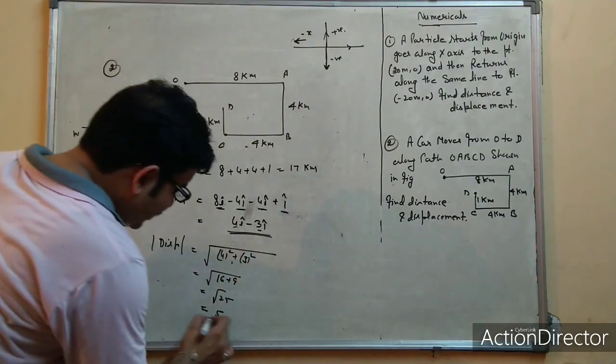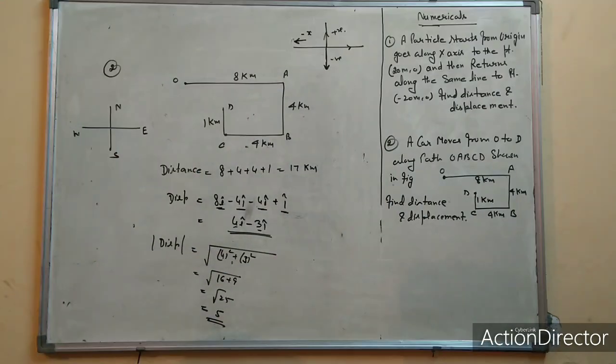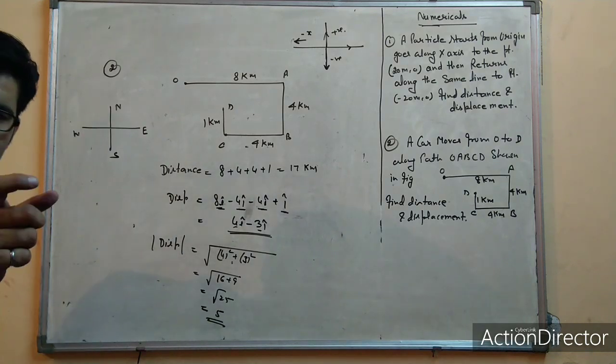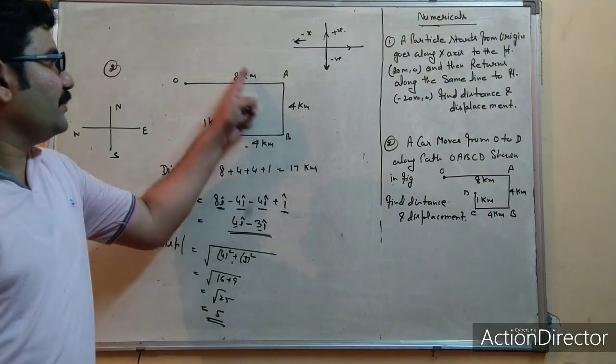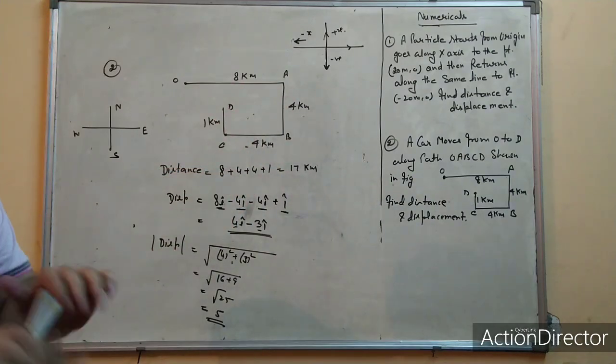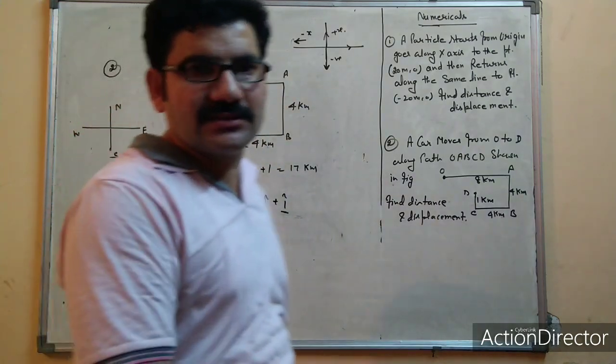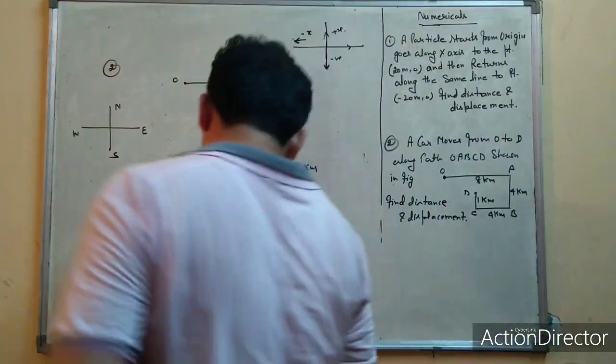This is the net magnitude. The body's displacement is 5 kilometer, because all the distances are in kilometers, so your answer will automatically be in kilometers.